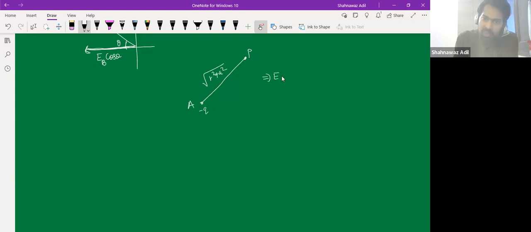So EA would be how much? KQ by separation square, right? Is that correct? Yes, sir. So this is KQ by R square plus A square. This is the magnitude EA.